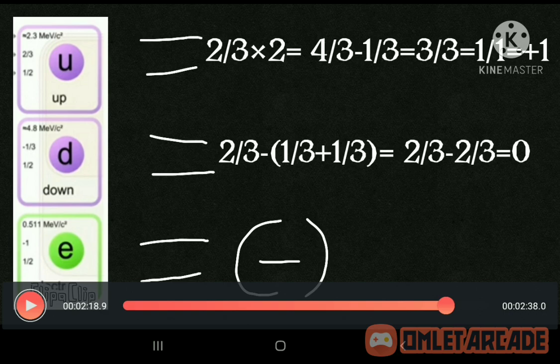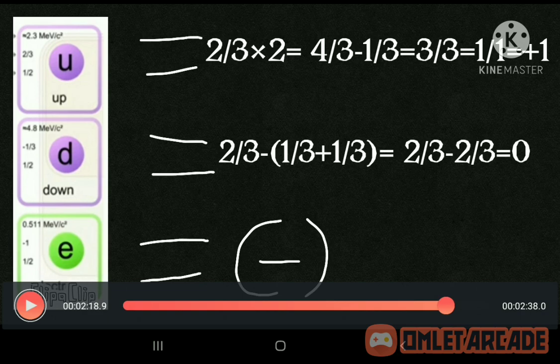Third and third become one. It becomes plus 1. And then down, you see, it has 1/3.